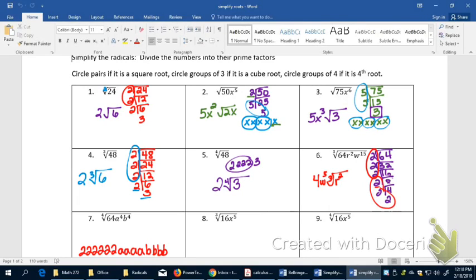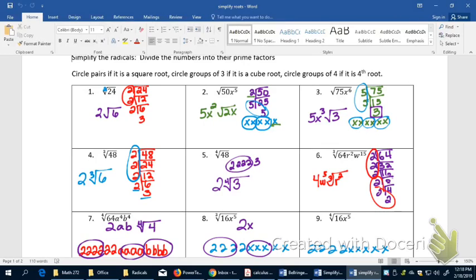But the 6 2's, I knew that from number 6. Okay? And it's got a 4th root, so I'm circling every 4. So there's 4, there's 4, and there's 4. So what goes on the outside? 2 AB. And then what goes on the inside? 4, because 2 times 2 is 4.